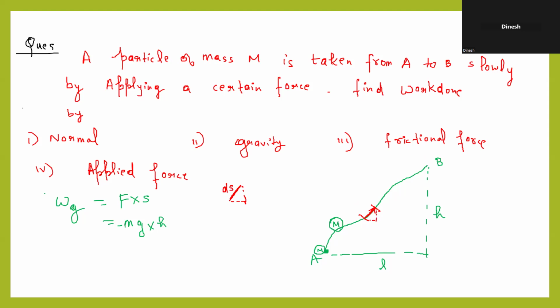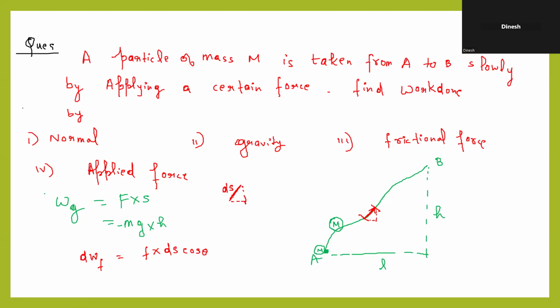In this small element, how much work is done by friction? Friction force multiplied by displacement ds, F dot s, into the cos of the angle between them, theta.